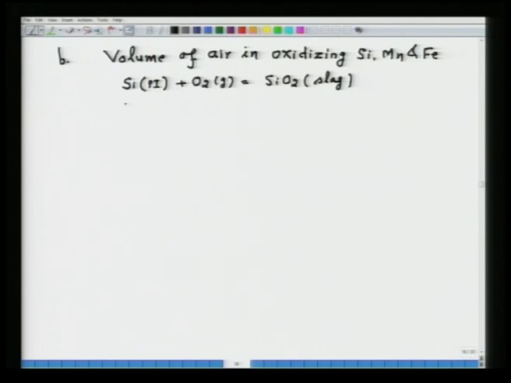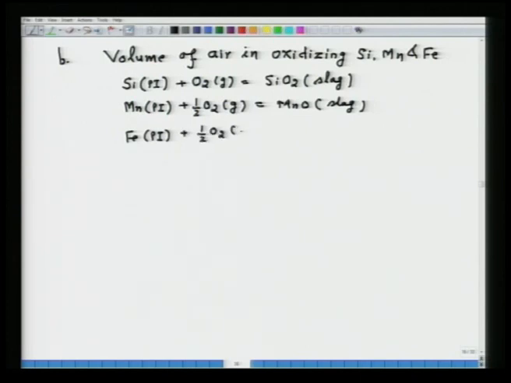Similarly, manganese in pig iron reacts with half O2 and gives you MnO in slag, and iron of pig iron plus half O2 gas gives you FeO. These are the oxidizing reactions where oxygen of the air is used. There is no other source of oxygen. The decomposition of calcium carbonate could be, but it provides CO2.